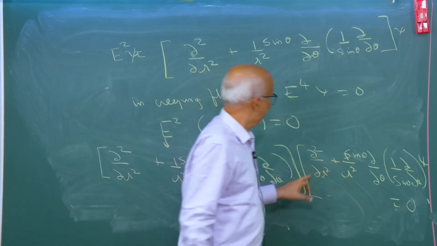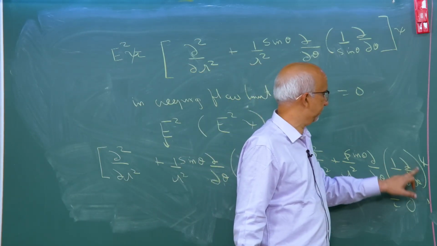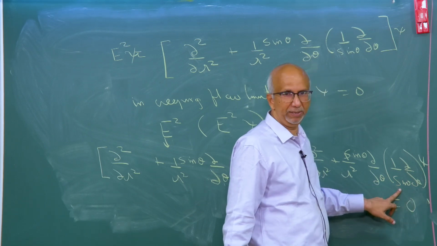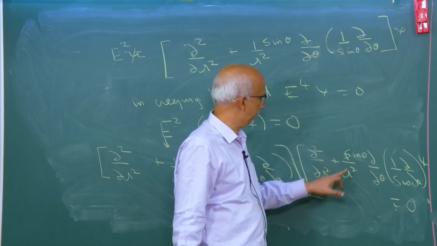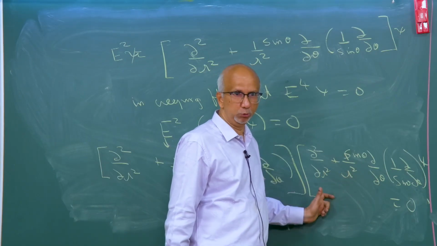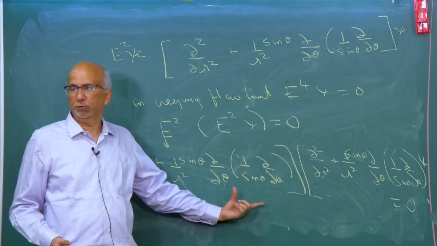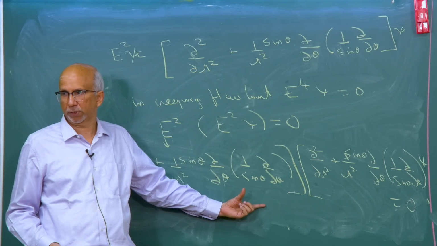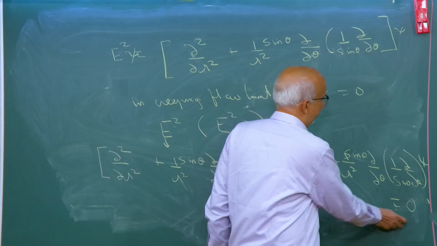Take psi, second derivative with respect to r plus derivative with respect to theta divided by sin theta, derivative with respect to theta again multiplied by sin theta by r squared. Add these two, you will get some other function. On that function again do the same operation. That is the meaning of E power 4 psi, and this is what we have to solve.